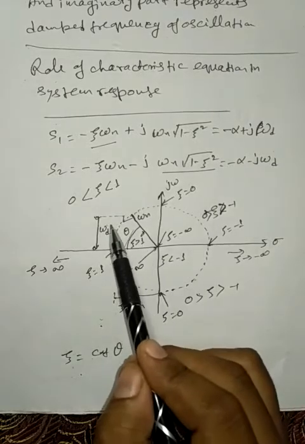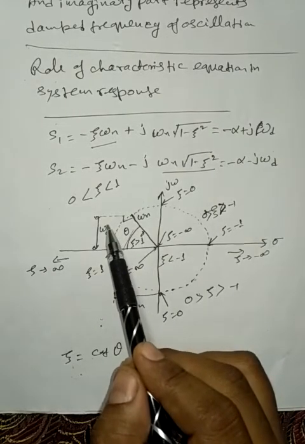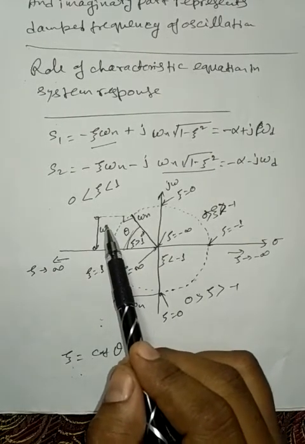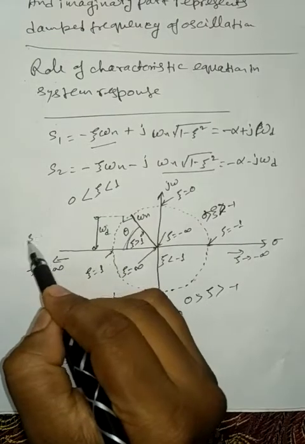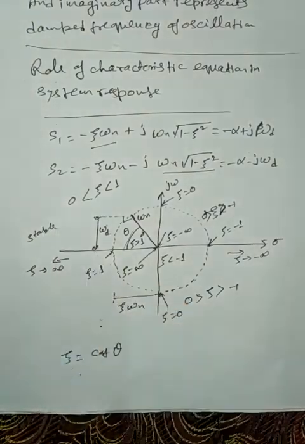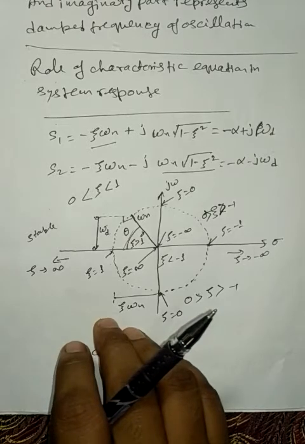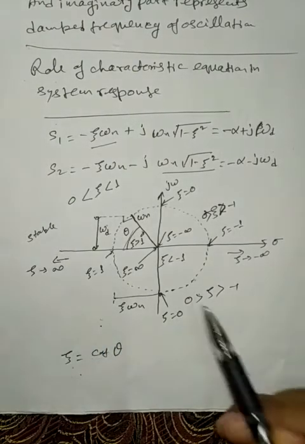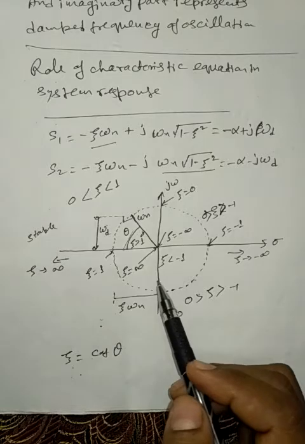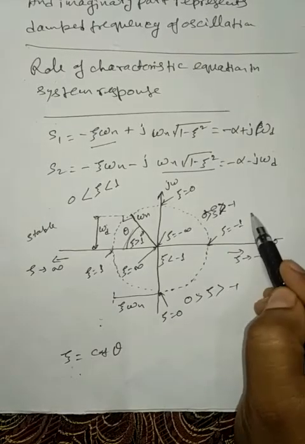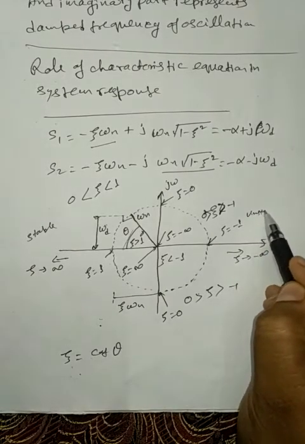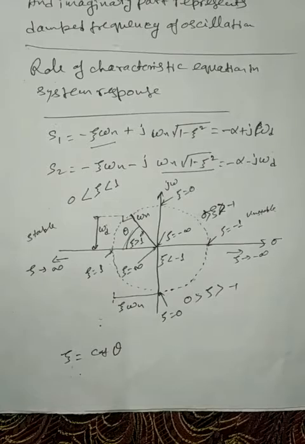When zeta is positive, e raised to minus zeta omega n t is finite and the system is stable. And when zeta is negative, e raised to minus zeta omega n t is infinite and the system is unstable.